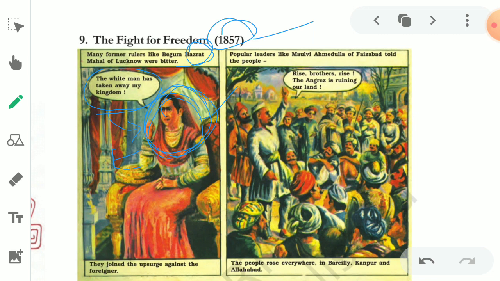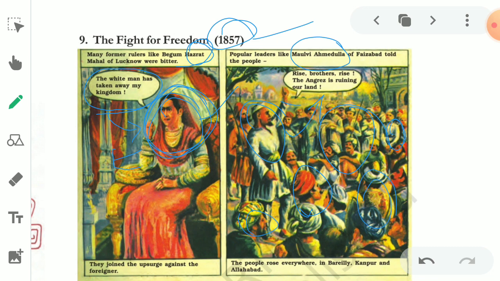Then popular leaders like Maulvi Ahmadullah of Faizabad told the people. He came to encourage people who were ready to join hands to send the British out of the country.